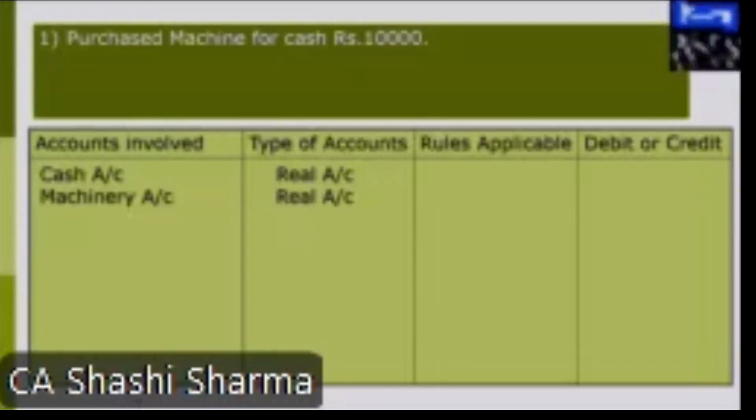Now decide about the rules. There are 2 rules applicable to real account. Debit what comes in and credit what goes out. So in the case of cash account, the cash is going out of the business.